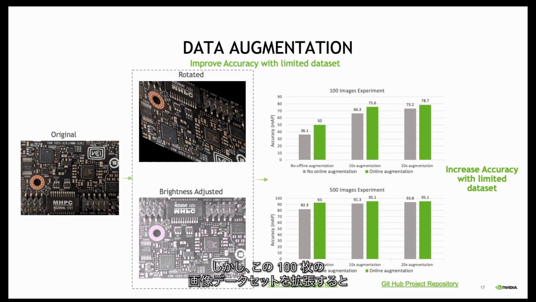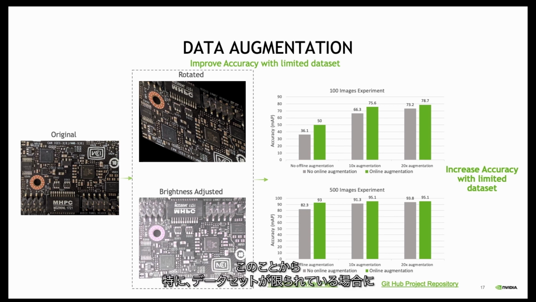As we started augmenting more images from the same 100 image dataset, we started seeing a significant increase in accuracy. When we augment the same 100 images by 20x and also add online augmentation, we're all of a sudden able to achieve 79% mAP, which is more than double our original 100 image result.